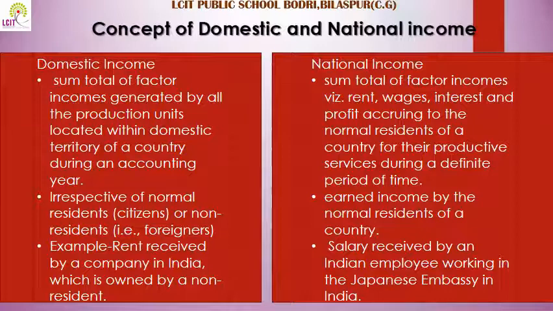National income is the sum total of factor incomes like rent, wages, interest and profit accruing to normal residents. Here it is specified that incomes of only normal residents, that is factor income, during a definite period of time, that is 1 year, will be included in national income.